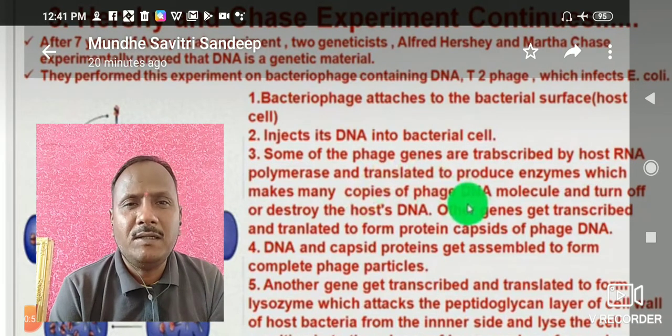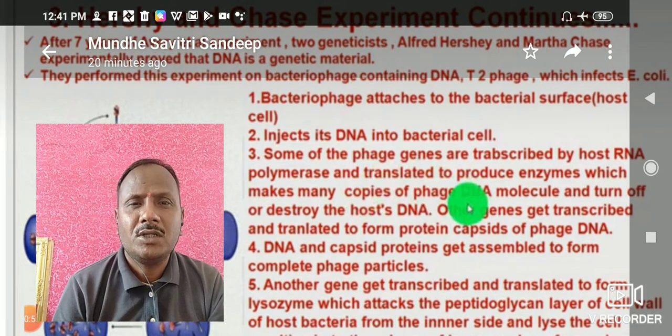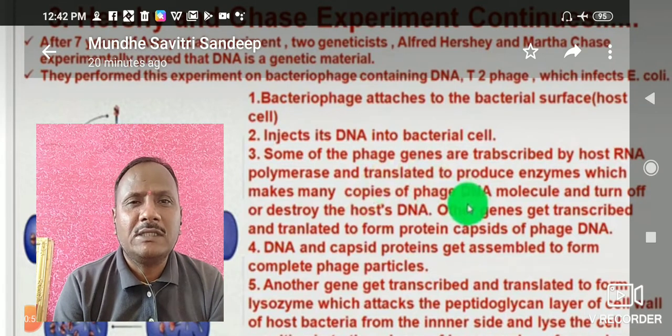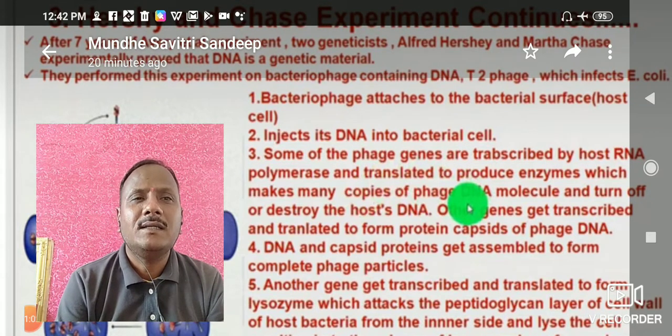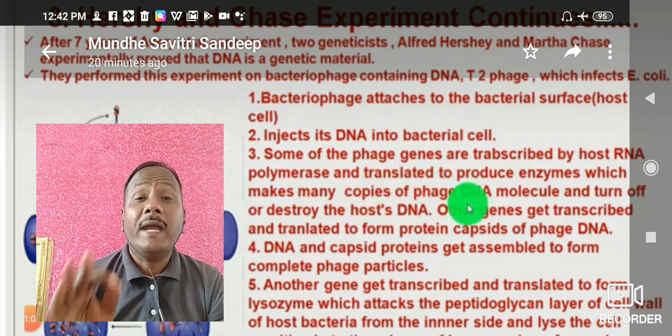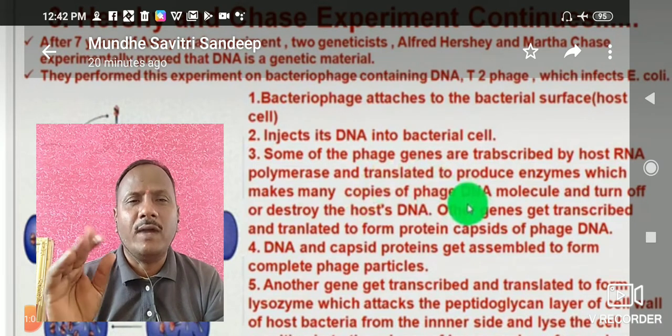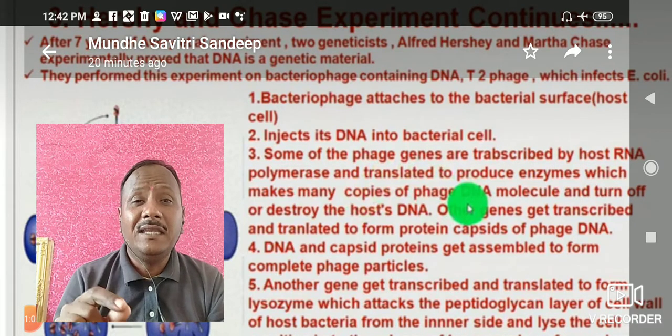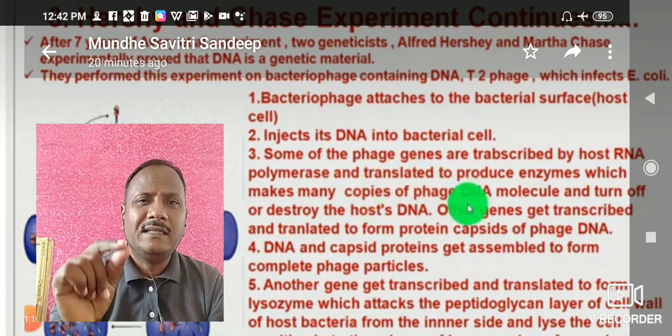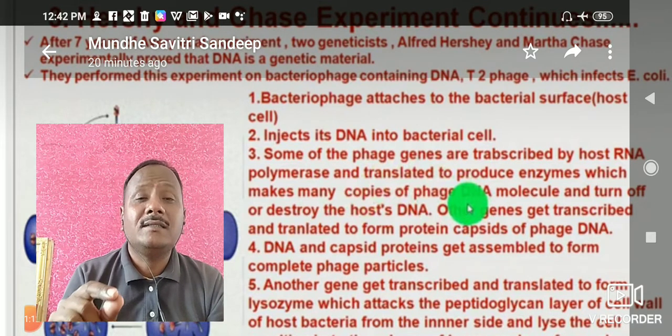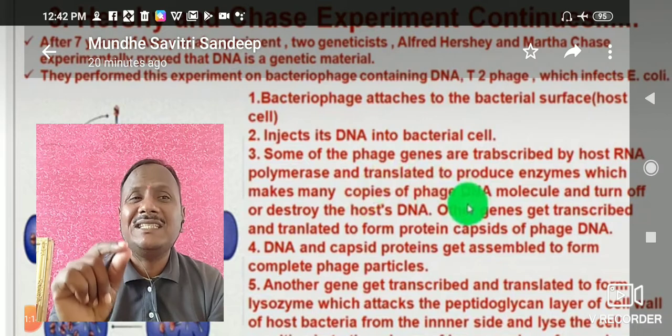In this experiment, they used two important things. One is the bacteriophage. Bacteriophage means a virus containing DNA, and second, it is the bacteria Escherichia coli.